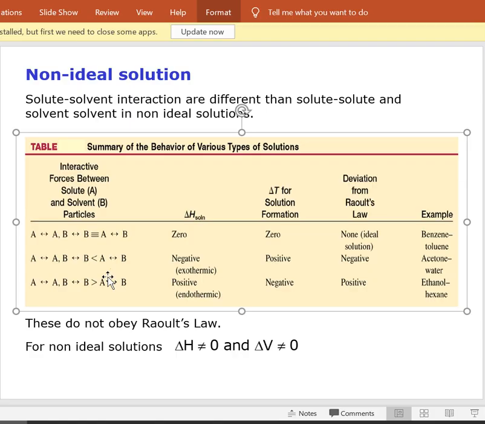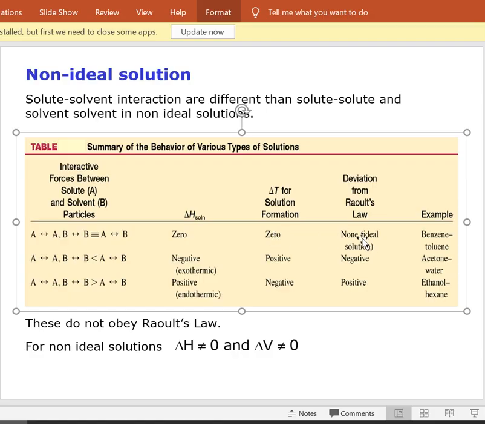While in case of the positive deviation, the solute-solvent interaction is less than solute-solute or solvent-solvent interaction. And in case of the ideal solution, delta H is 0, and change in volume delta V is also 0.